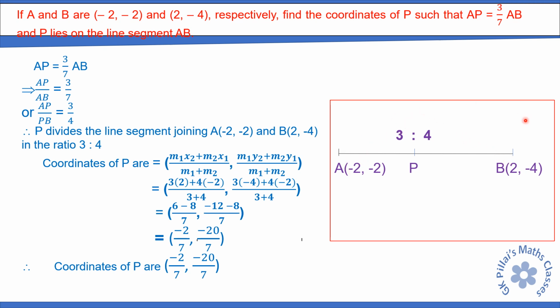Then 3 into minus 4 plus 4 into minus 2 upon 3 plus 4. Simplify this, you will get minus 2 upon 7, minus 20 upon 7. So the coordinates of P are (minus 2 upon 7, minus 20 upon 7). So this point divides AB in the ratio 3:4.